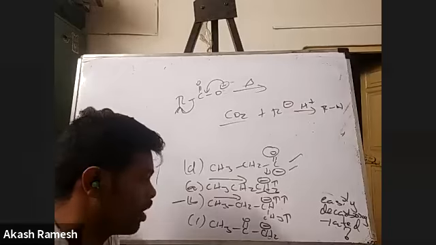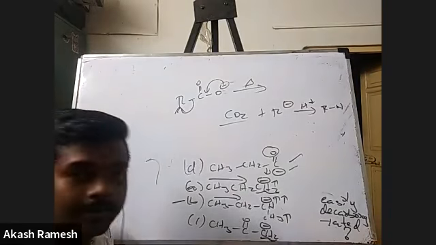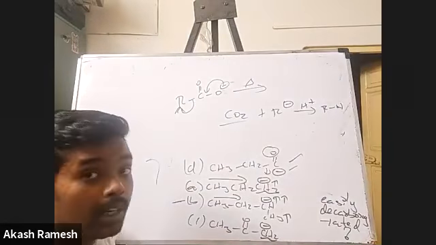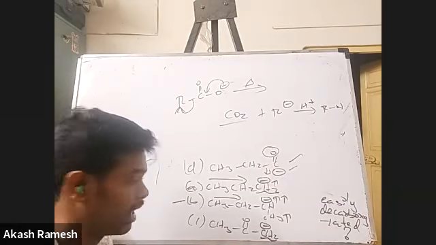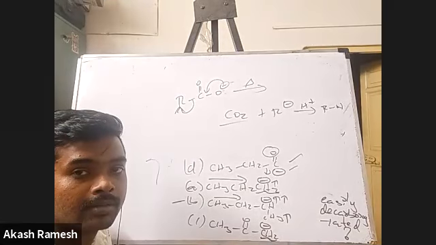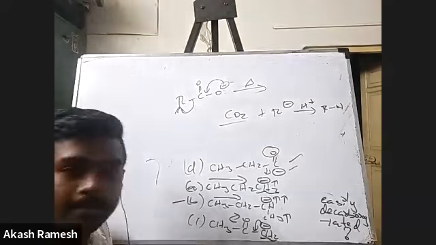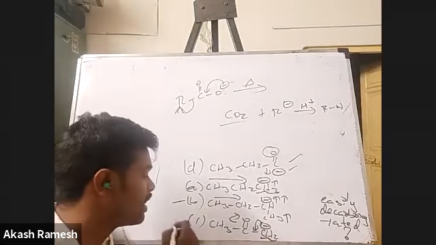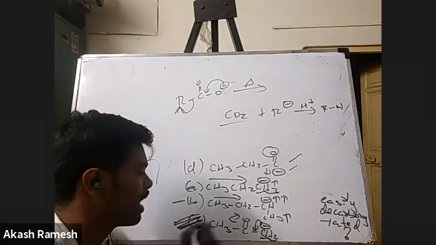Now, if you look at this one, a special thing will happen. What will happen? Can you tell me? Resonance. Yes, this will come and this will break, right? So this is resonance stabilized.